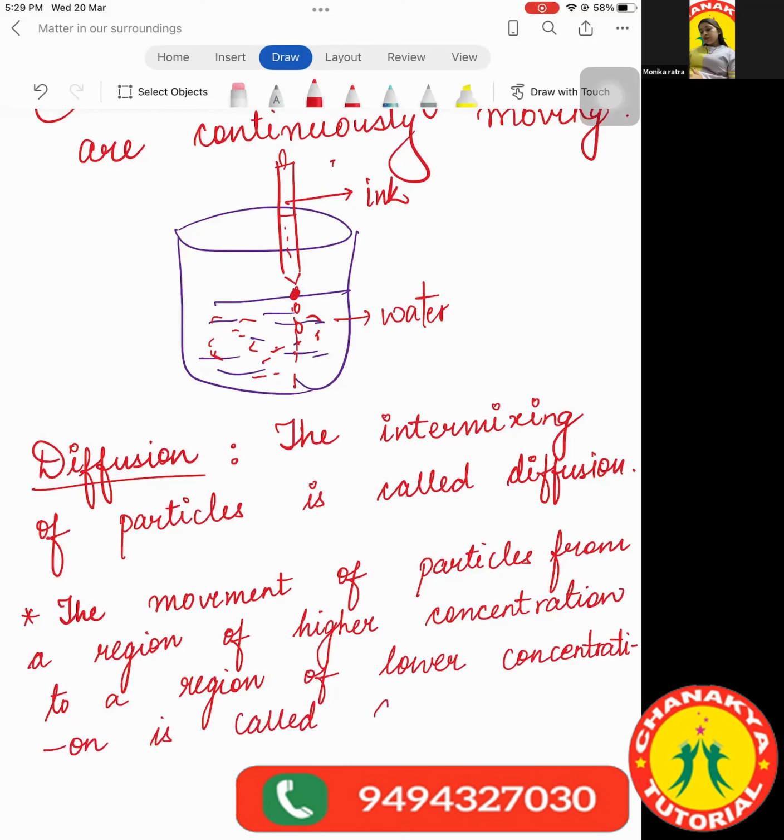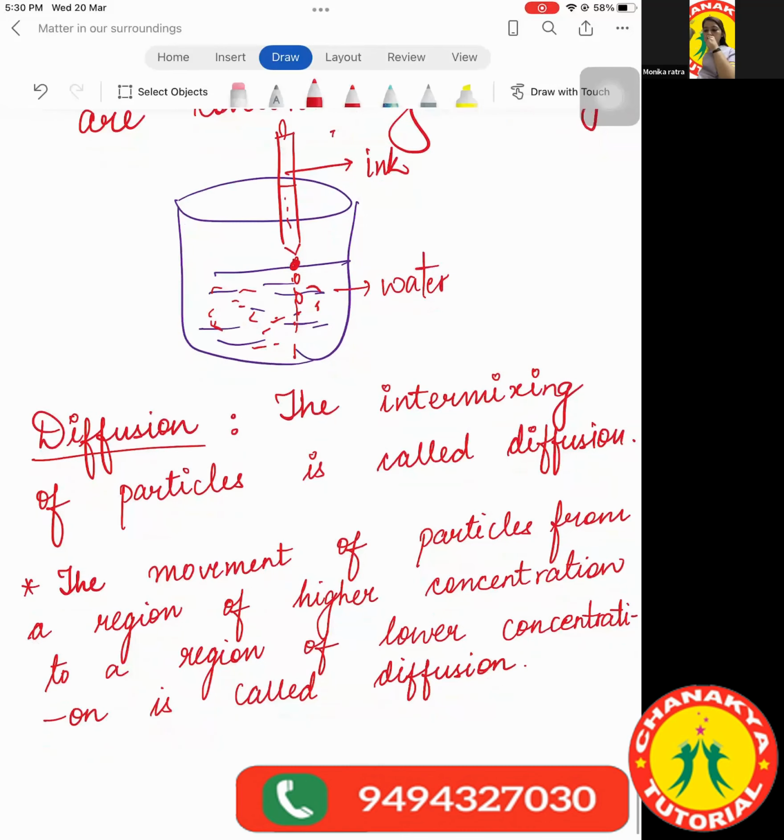So what actually is diffusion? It means that mixing of two or more particles occurs together, right? Whereas the other definition says that it is the movement of particles from a region of higher concentration, where the concentration of the particles is high, to a region where the concentration of the particles is low.